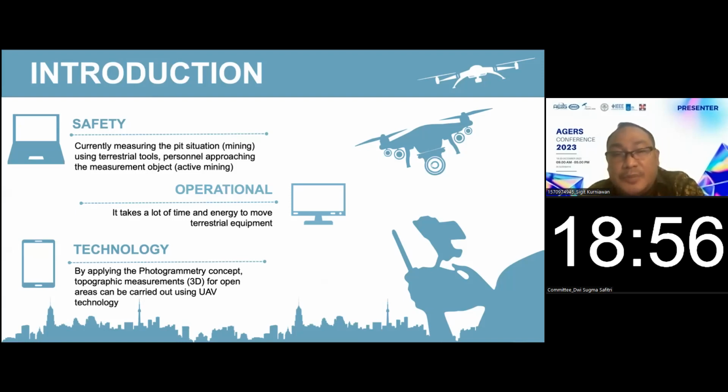For operations, it takes a lot of time and energy to move terrestrial equipment. But with technology development, we hope that by applying the photogrammetric concept, topographic measurement for open areas can be carried out using UAV technology.